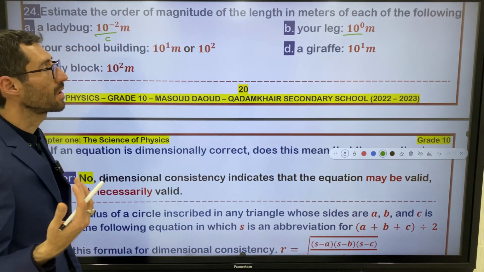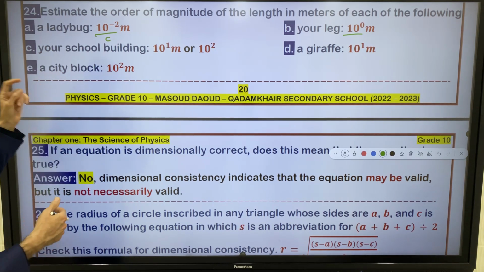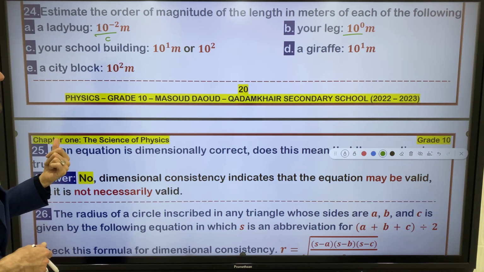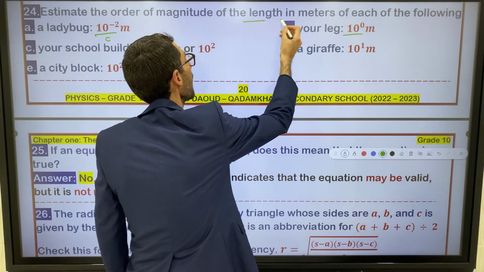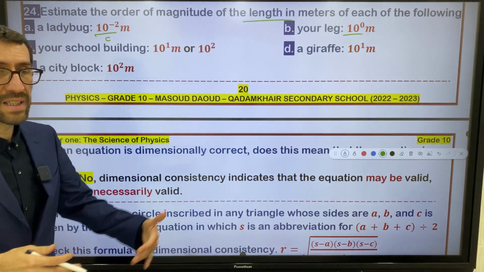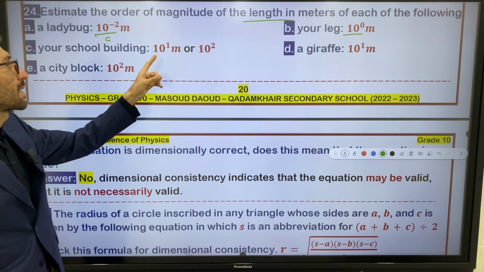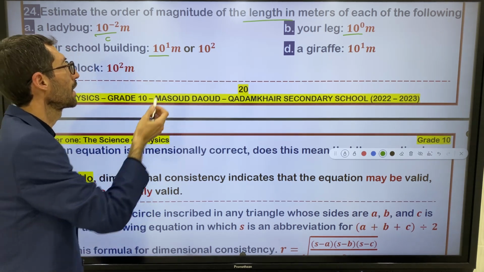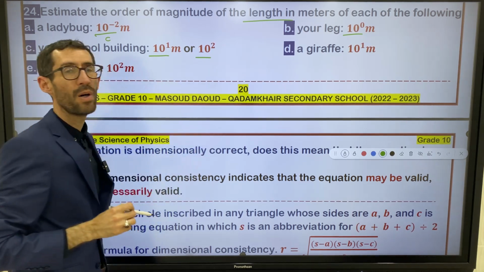The leg of any person is approximately 1 meter. See your school building, right? It's the length of the school building. It's measured in 10 to the power 1, right? Or 10 to the power 2.